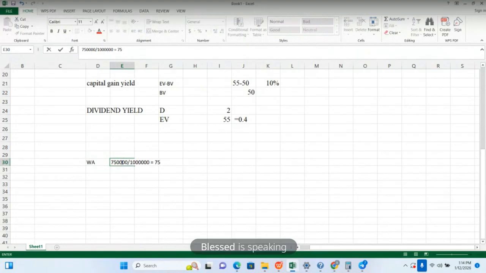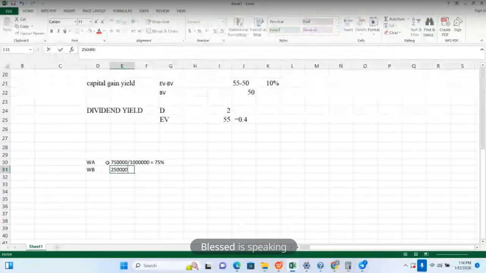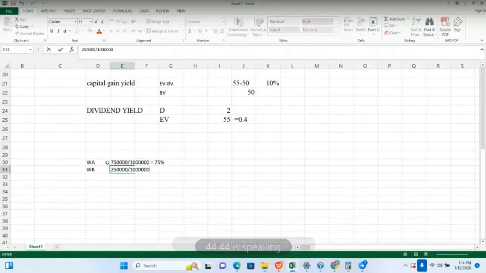That is our weight of A. Then we have weight of B. That will be 250,000 divided by 1 million, which is 25%. So having gotten our weight of A and weight of B, what is the next thing we need to calculate?